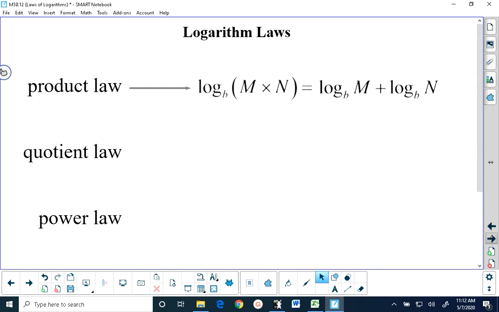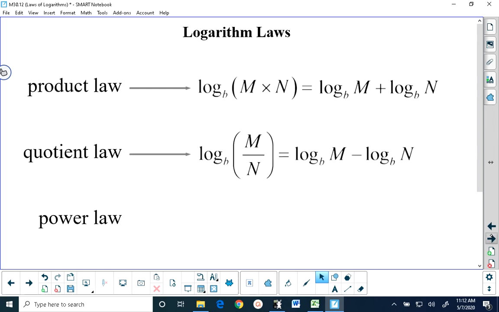Now, what does the quotient law say? The quotient law says in words that the logarithm of a quotient is equal to the logarithm of the numerator minus the logarithm of the denominator. Log base b of m over n is equal to log base b of m minus log base b of n.